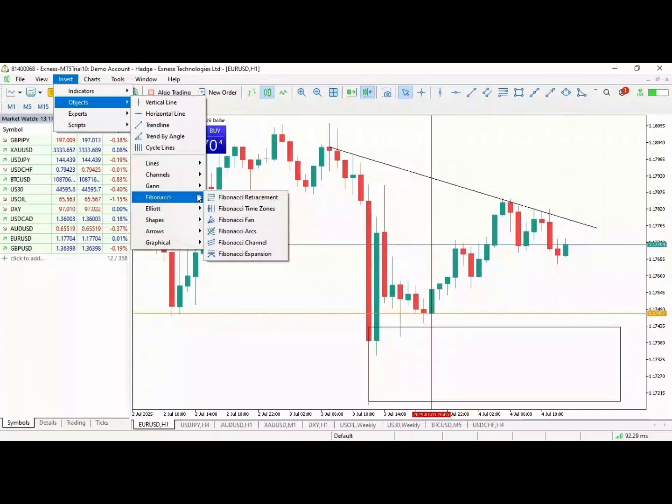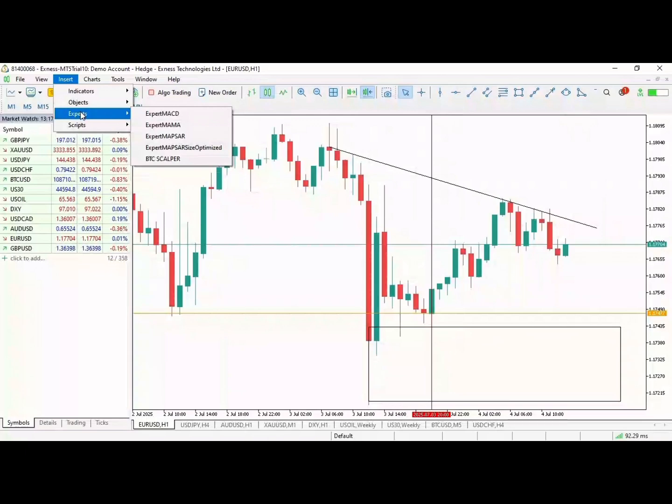The Fibonacci fan, the Fibonacci arcs, I've never used them. So you add them from here, and then experts, for those of you that want to trade with trading bots, they're also here. Oh, by the way, this is a trading bot that I made, but it doesn't really execute trades yet. Yeah, and I've paused that project.